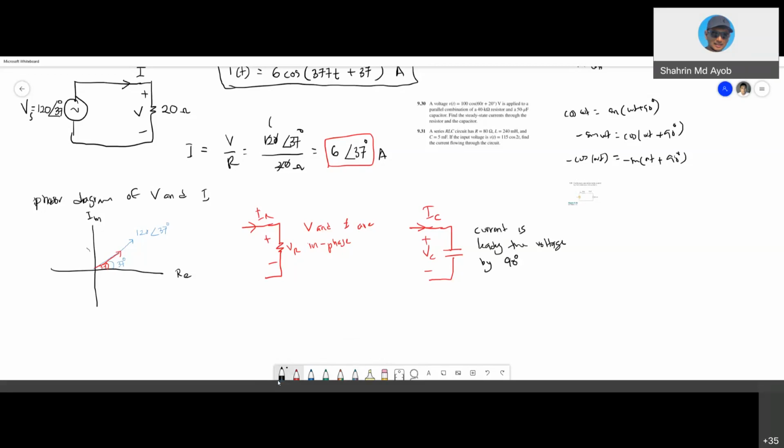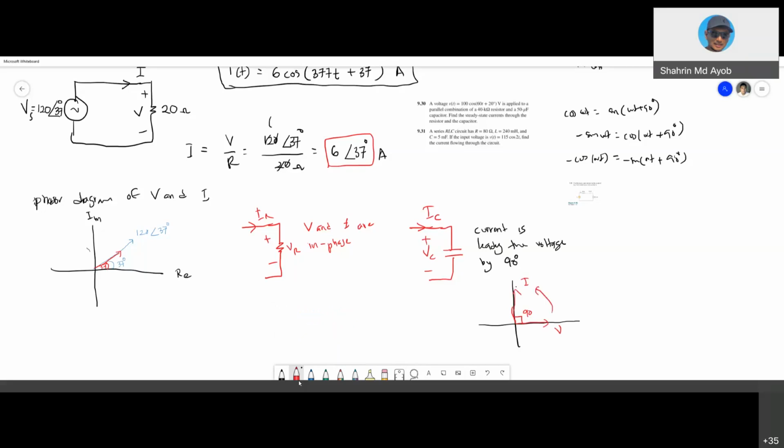Meaning that if you draw the phasor diagram, you can just show that this is the current and this is the voltage. Okay, the current is leading the voltage by 90 degrees.